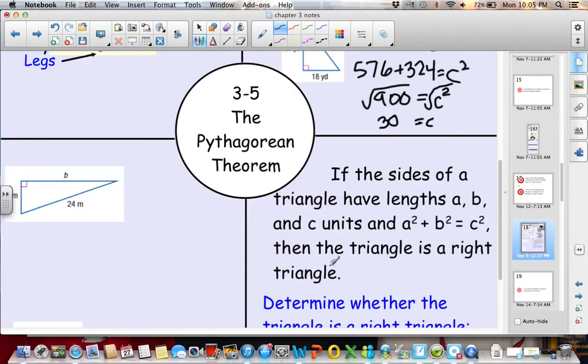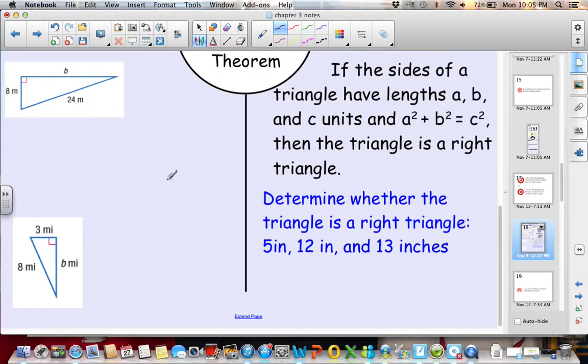Well, what happens if we are given our hypotenuse and one side but not the other? I can tell you that it still is a squared plus b squared equals c squared.